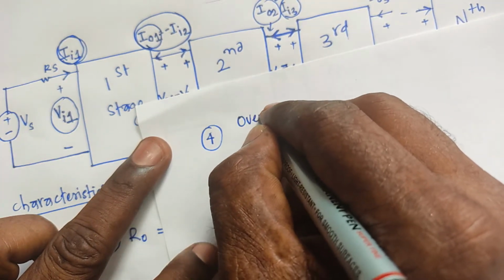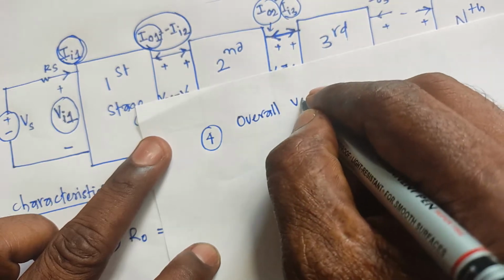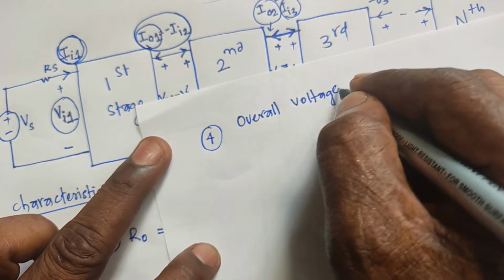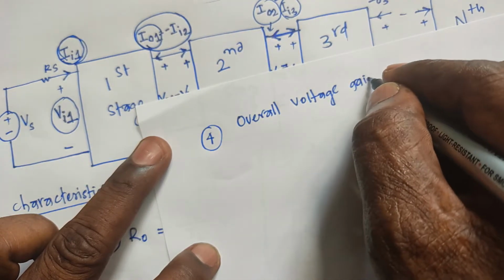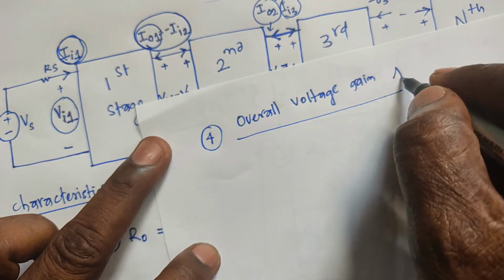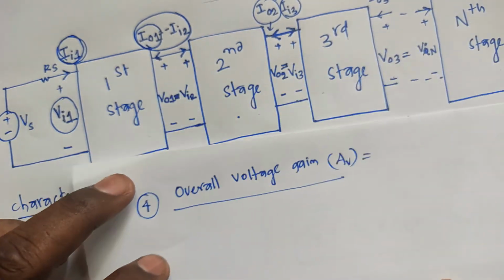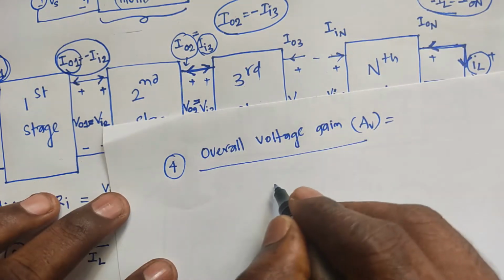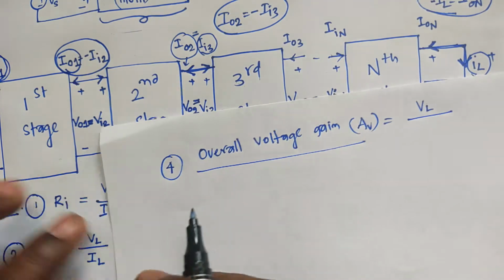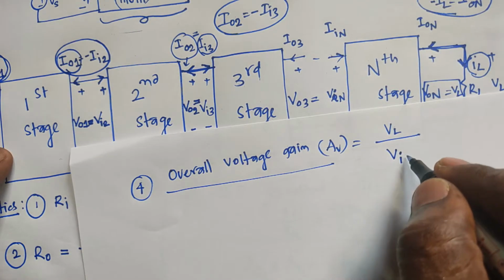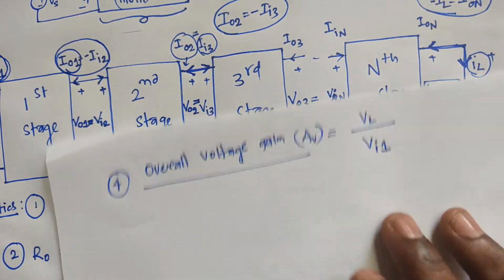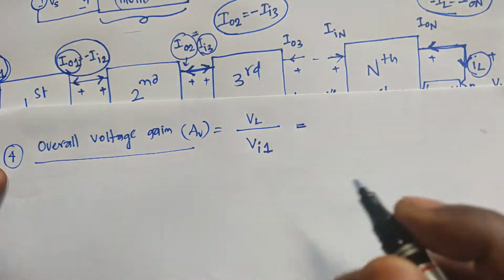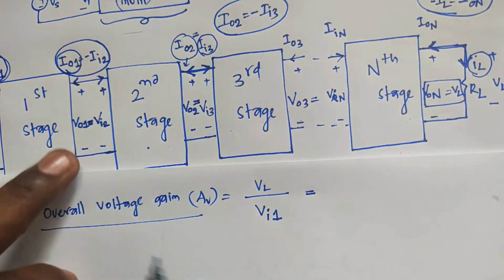Similarly, the fourth one is overall voltage gain. Overall voltage gain is AV. Similarly, in this circuit diagram, overall output value is VL. So VL by, what about input value, VI1. Then overall output value is equal to, what is the first stage voltage gain?